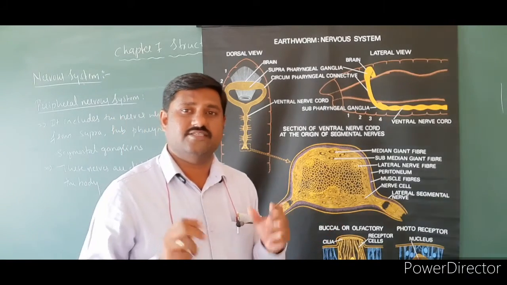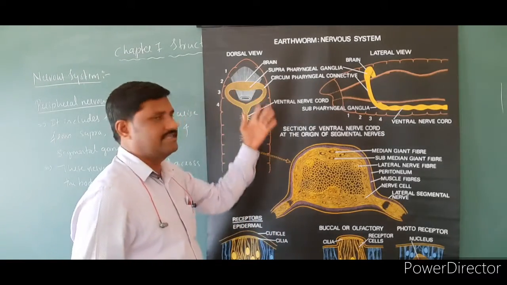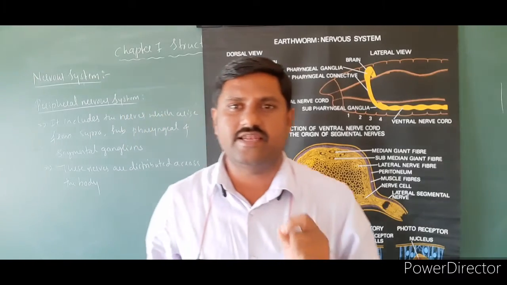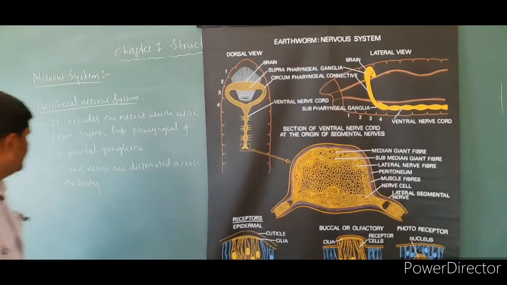So as to bring some of the stimulations. So this is how the central nervous system as well as the peripheral nervous system are seen in the case of the earthworm.